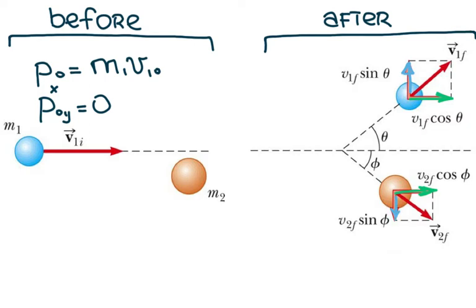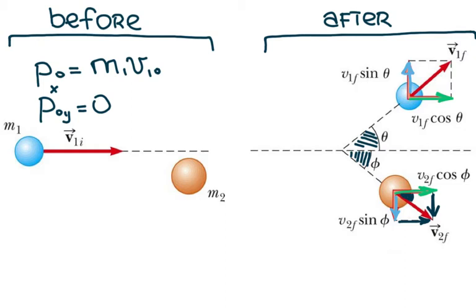So after the collision, if this is angle theta and if this is angle phi, then your vertical part right here becomes V2 sine, and this part right here becomes V2 cosine, or the green part.